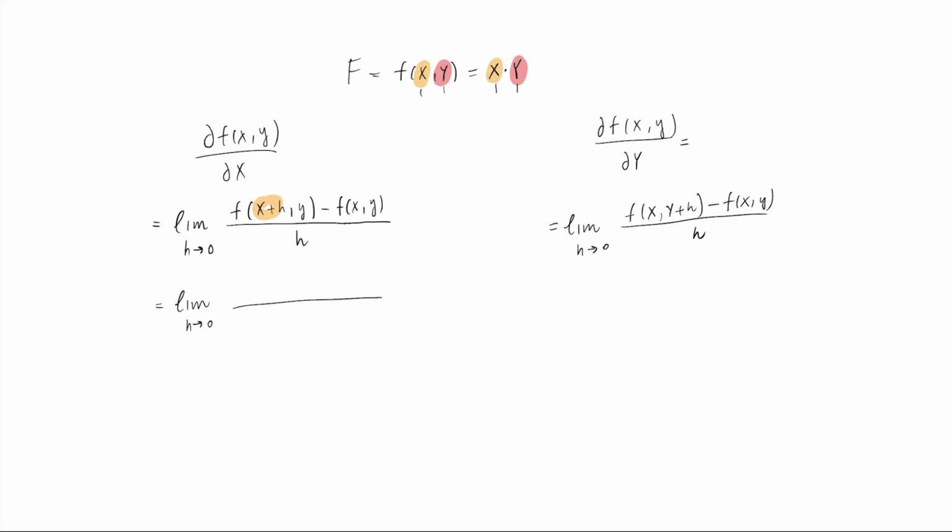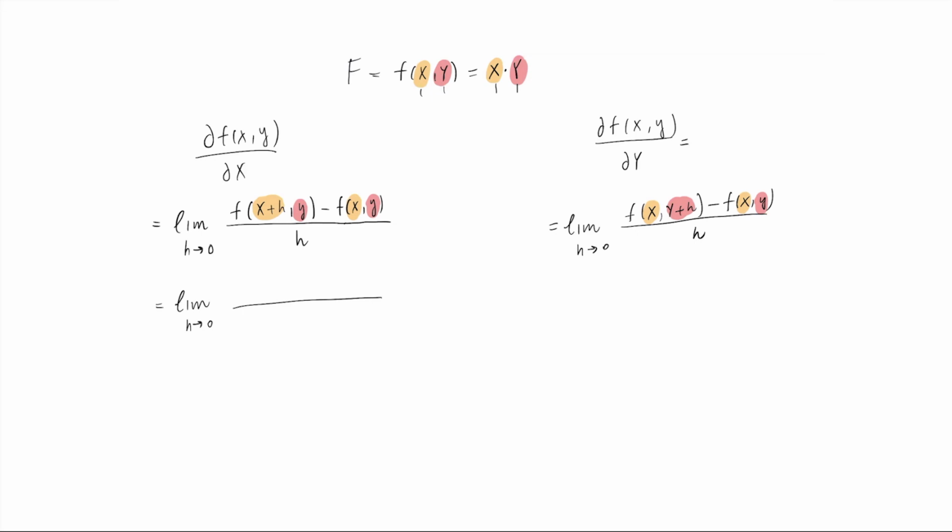Here the first input is this one, and the second input is this one. Let's also mark it for f of x, comma y. This is the first input, this is the first input, and this is the second input. So we simply need to multiply those inputs.